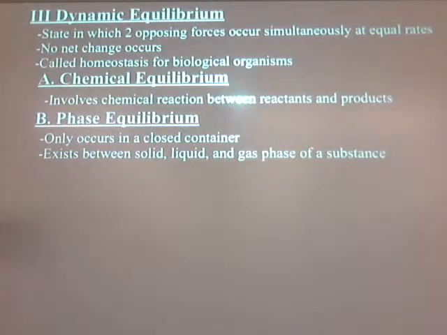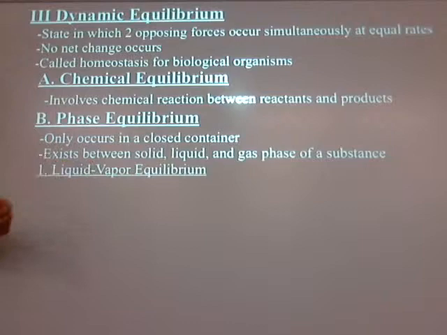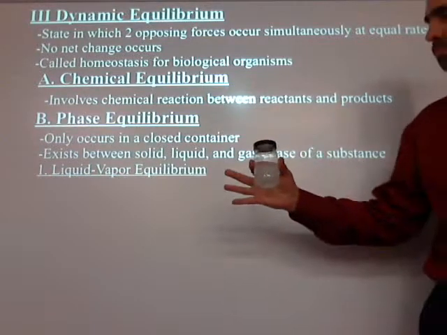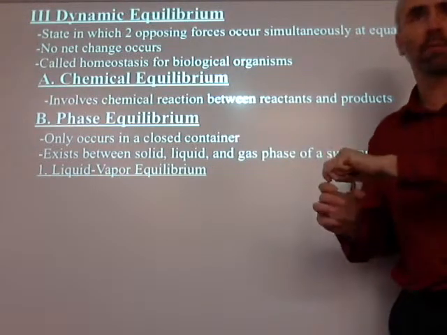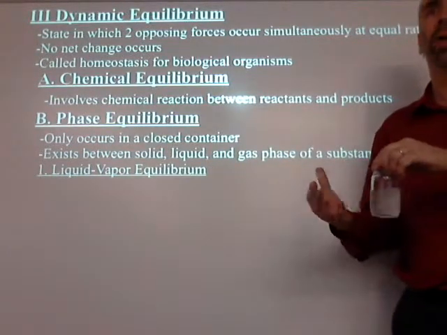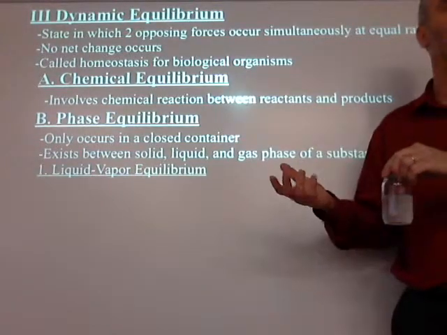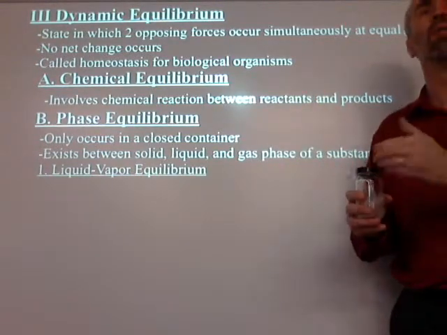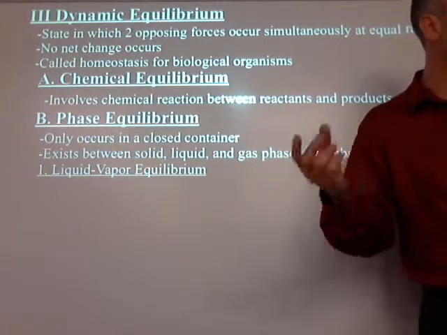So I can have an equilibrium that will be set up in a closed container that's between a liquid and a vapor. I put a lid on a container, like this one here, and after I put an airtight lid there, it will evaporate a little bit, then it will stop, not stop evaporating, but it will reach an equilibrium with the amount of condensation. We'll talk about that in a little bit.